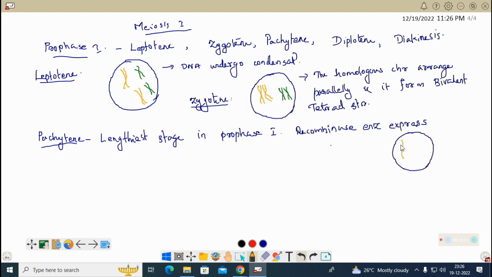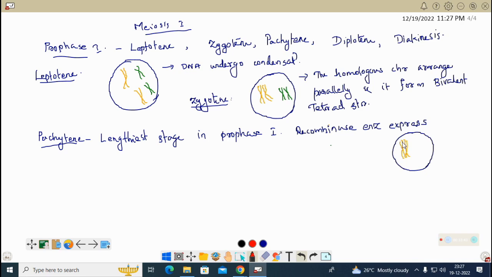See, this is chromosome number 1 and this is chromosome number 1. Here the non-sister chromatids of homologous chromosomes, what are they? These two are non-sisters. I'm representing that with the red color.